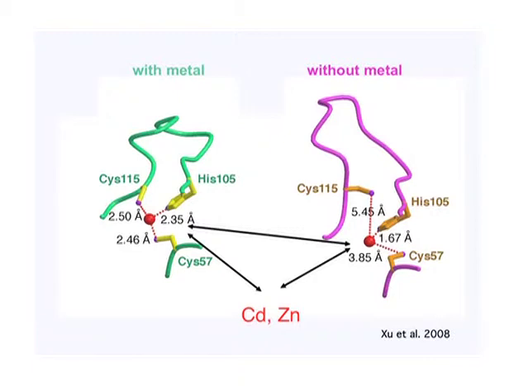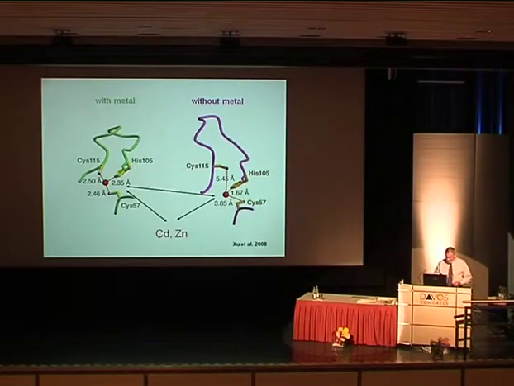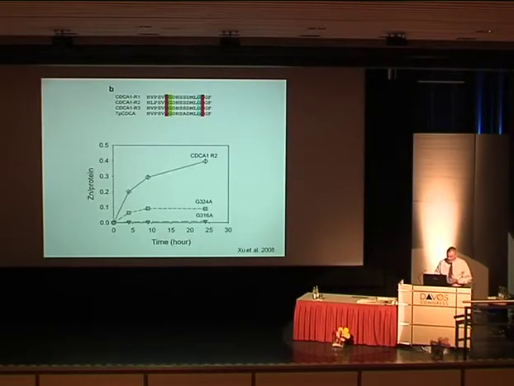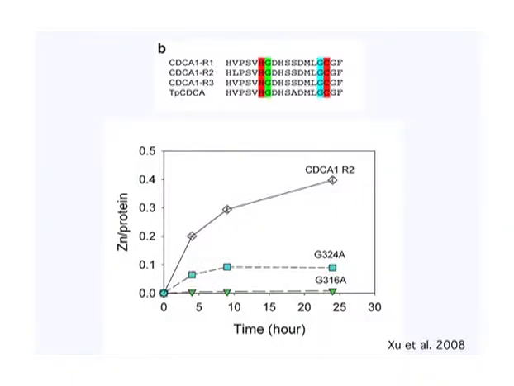And we wondered about that. And so we said, is that really important? And so here is the sequence of that hinge from the histidine to the cysteine. You see you have glycines just flanking both sides here. And glycine is known as a very flexible amino acid which allows things to move. And so the beauty of this sort of experiment is you can actually mutate this glycine, one of them, the other one.